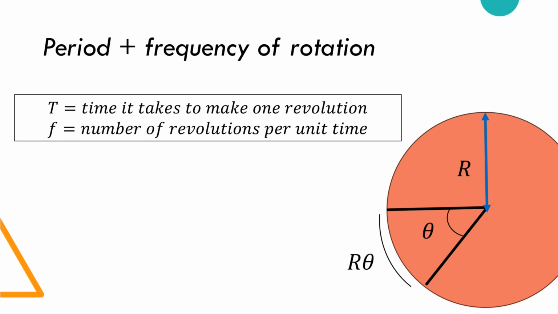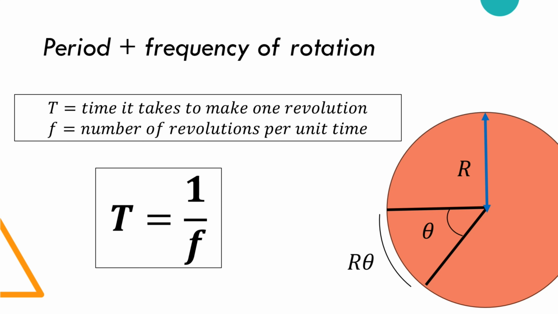It's the same thing. And the definition, it's not really a formula, it's more a definition, is T equals 1 over f. Clearly, it only really makes sense to define a period of revolution or rotation and a frequency if the circular motion is uniform. Otherwise, there would be no period. It wouldn't make sense to define one.